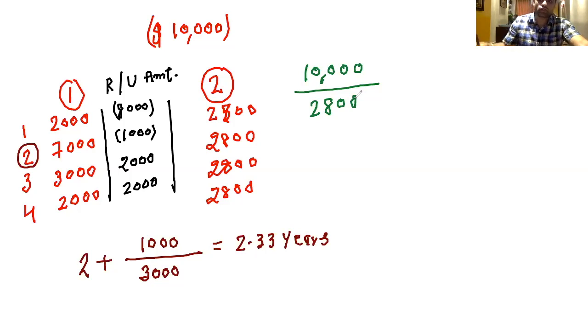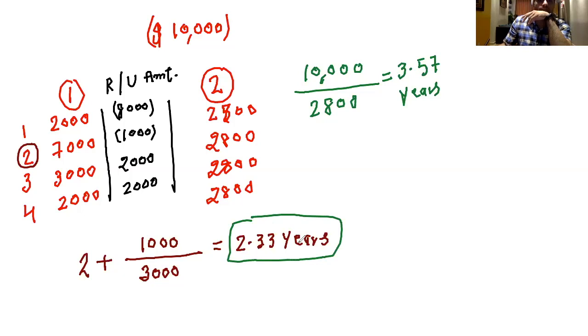So it will be 3.57, right? 3.57 years. So which project we should select, 1 or 2? Project 1, because project 1 is giving us a shorter period. So we select project 1 and we will reject project 2.